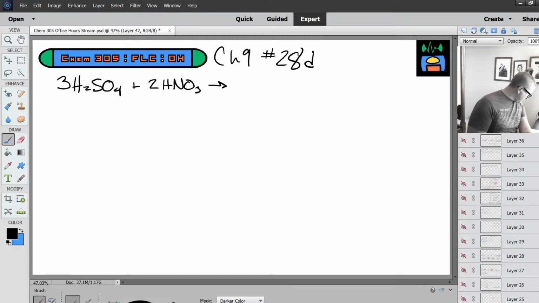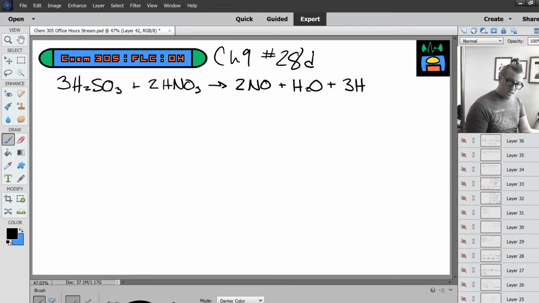Sorry, this is not sulfuric, this is sulfurous. We're producing 2 molecules of NO, 1 molecule of H2O, and 3 molecules of sulfuric acid, H2SO4.